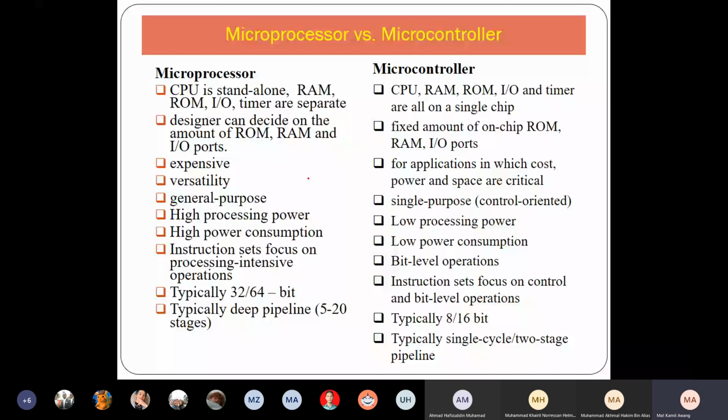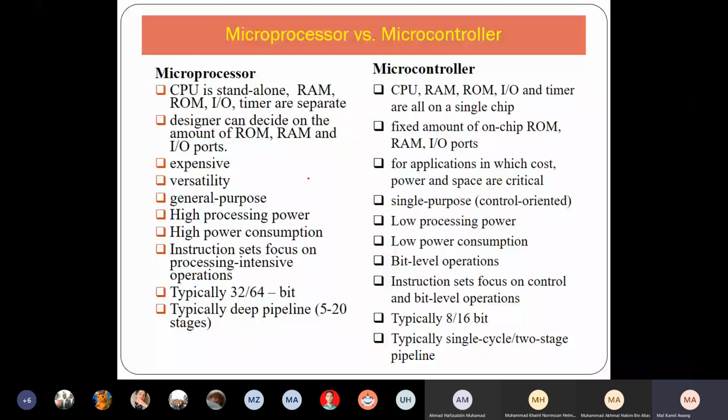Those normally are microcontrollers. But the smartphone now is mostly a microprocessor, where you can even upgrade. You can buy a memory card, 1 gig, 2 gig memory card you can put in. Right?